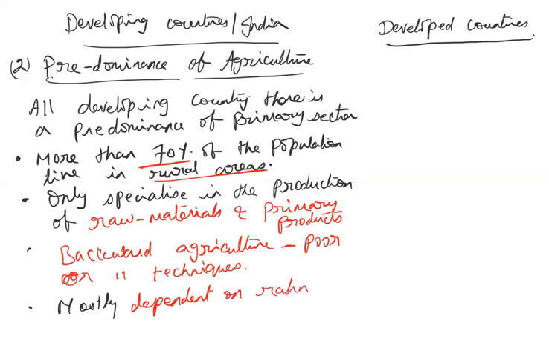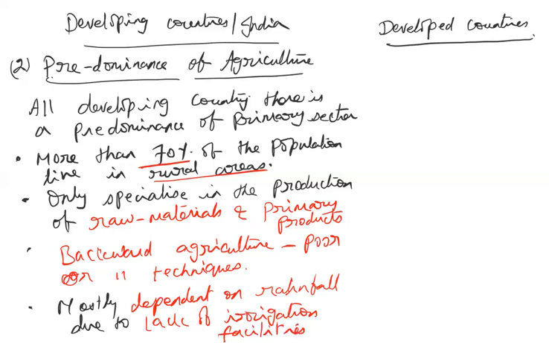Including India, it is said that Indian agriculture is a gamble on the monsoon. The reason is that irrigation facilities are not that well developed, due to lack of irrigation facilities. So these are some of the features: even though they depend on agriculture, the production in agriculture in all these countries is very, very backward.